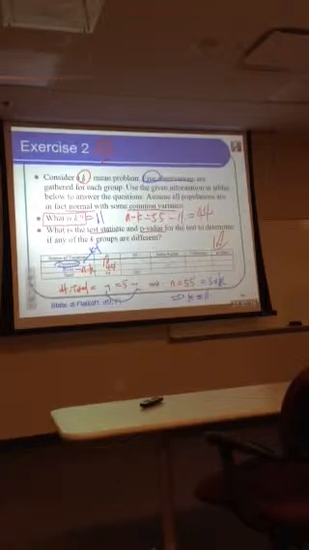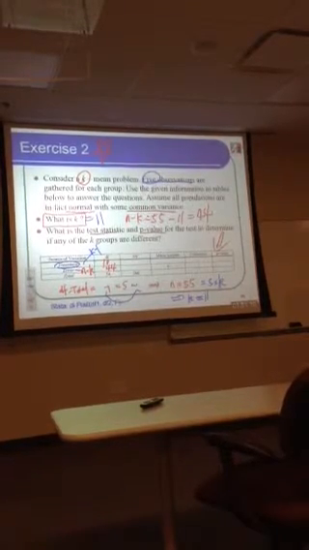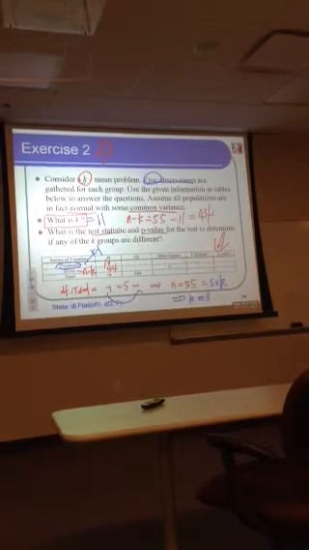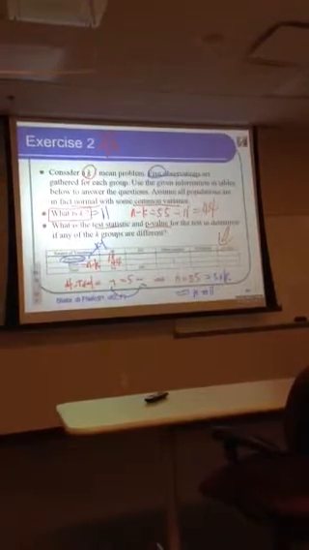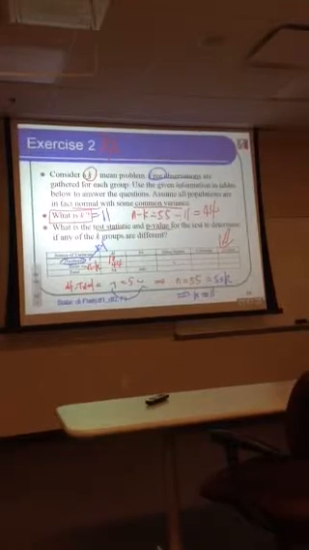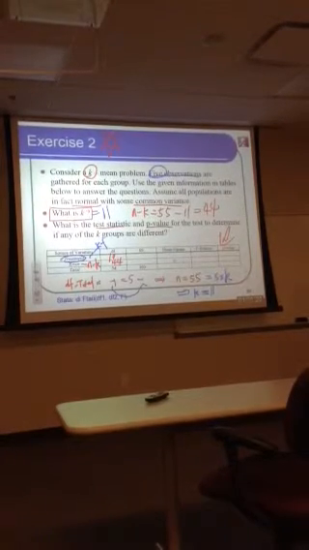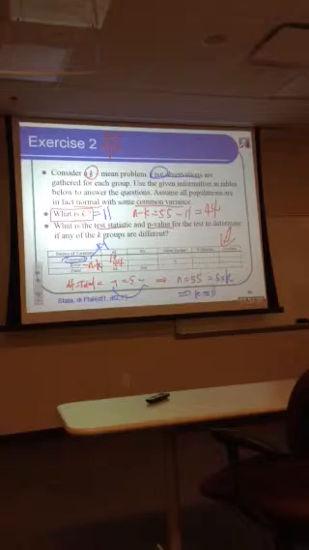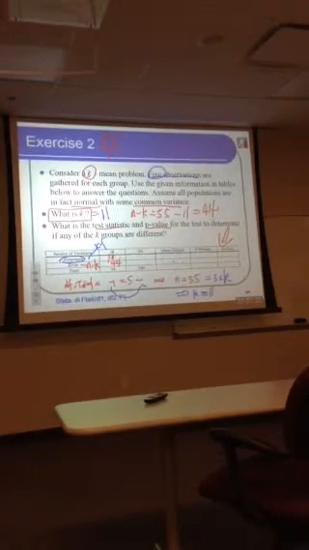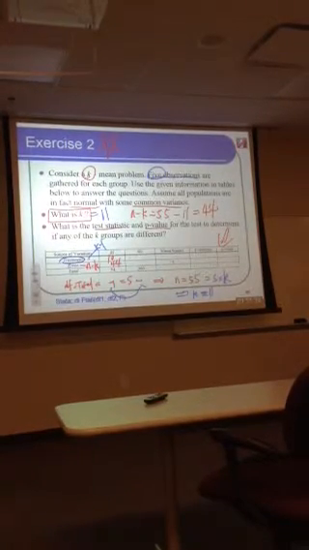That's how you complete the first column. Now the second column: if you look at the data vertically, you only know one number. You need at least two numbers to calculate the third one, so you cannot do anything right now.